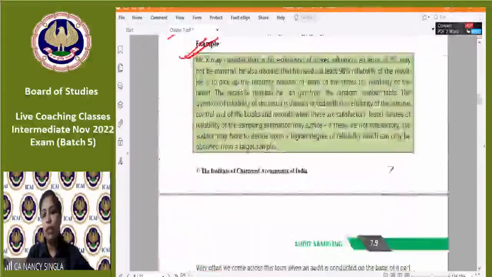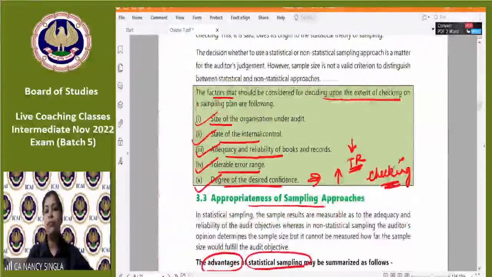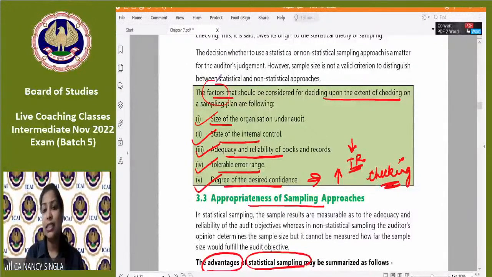Then we understood the various factors that should be considered by the auditor when deciding upon the extent of checking: size of organization, state of internal control, adequacy and reliability of books and records, tolerable error range, degree of desired confidence. Okay.